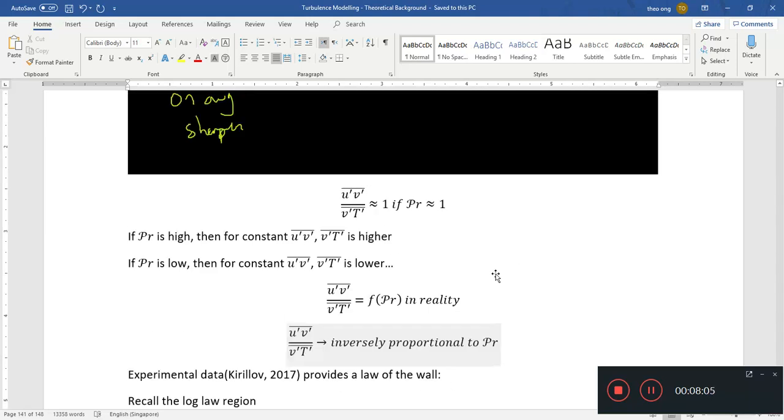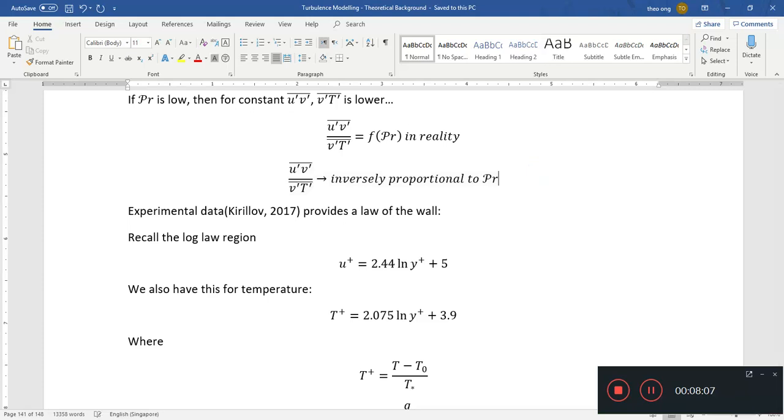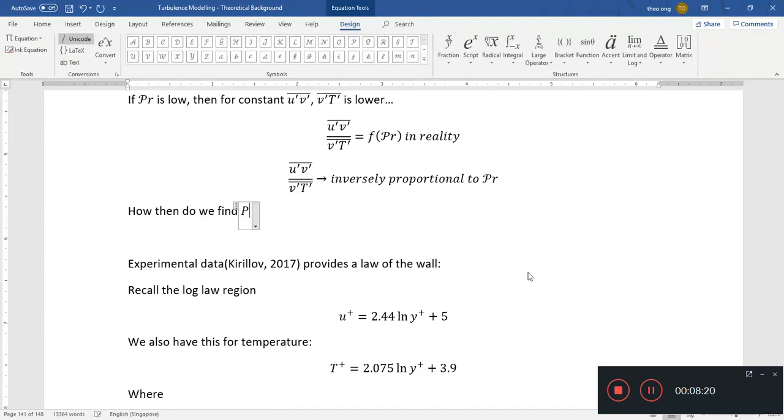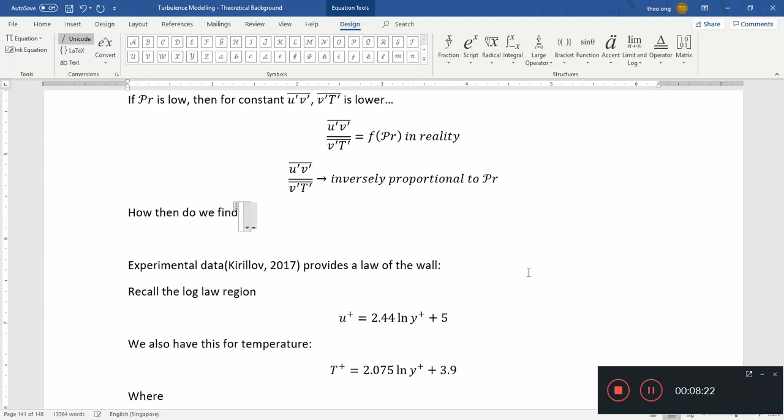So how then do we find the turbulent Prandtl number in this simplified version?